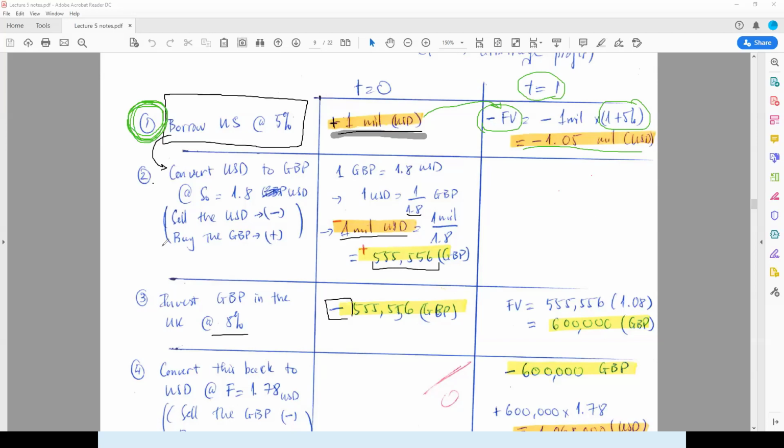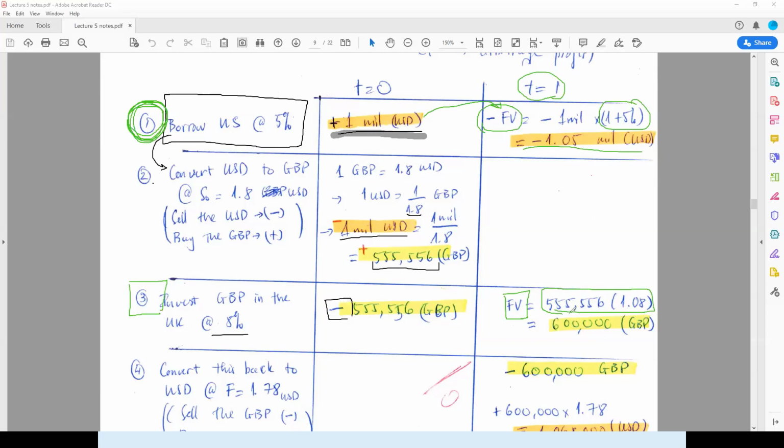On the other side of the globe, let's look at my investment in the UK, okay? So remember at the start, we have invested in the UK government bonds at 8%, okay? So after 1 year, this investment matures and we expect to get the future value of that, at the UK investment rate of 8%.